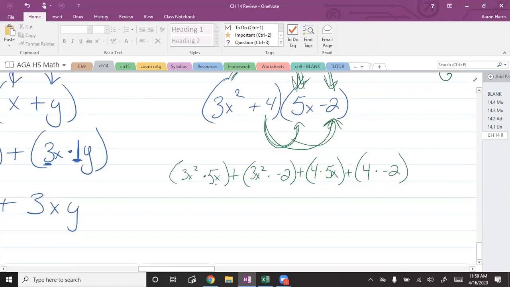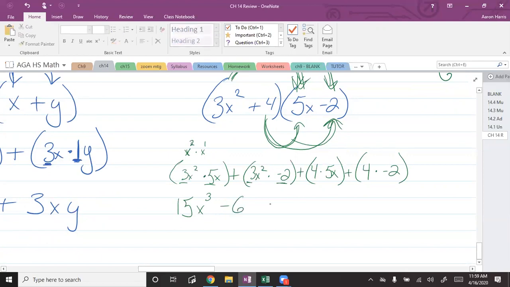So here we go. 3 times 5 is what? 15. X squared times x. What is the power of this other x? It's 1. So 2 plus 1 is what? 3. Plus, what is 3 times negative 2? Negative 6.